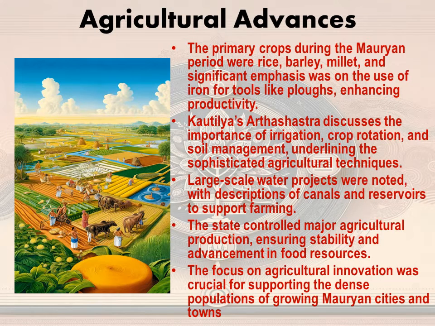The focus on agricultural innovation was crucial for supporting the dense population of growing Mauryan cities and towns. So, this focus on agricultural innovation supported the growing population in the urban centers.